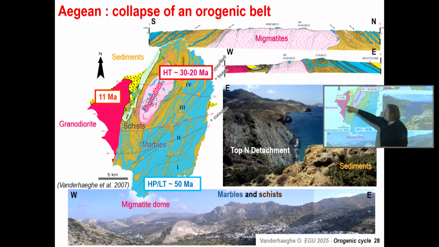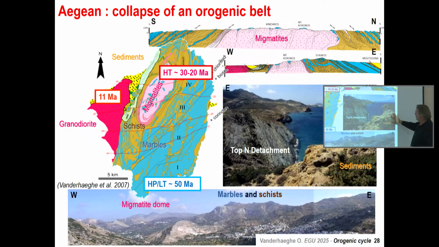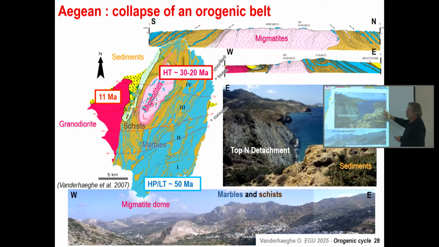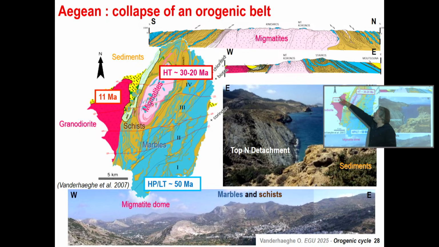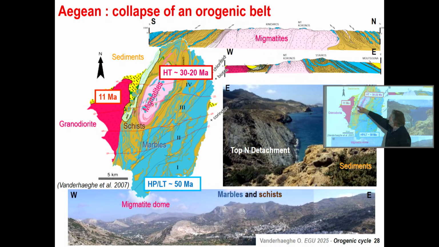And then all of these rocks, plutonic and metamorphic, are juxtaposed against low-grade units and even sediments in yellow, coarse detrital conglomerate sediments, along a tectonic structure, a detachment, which is very low angle.